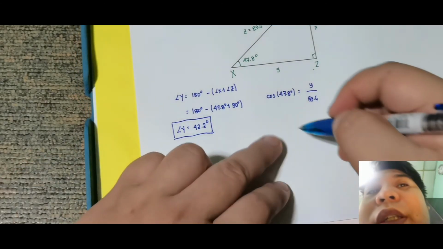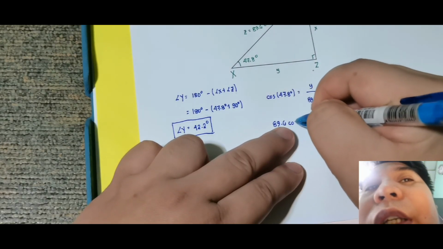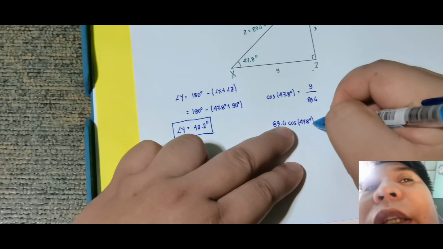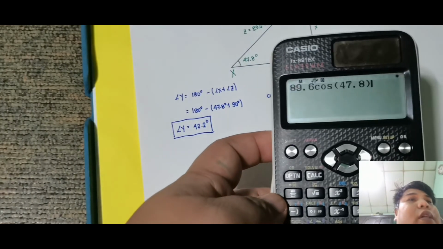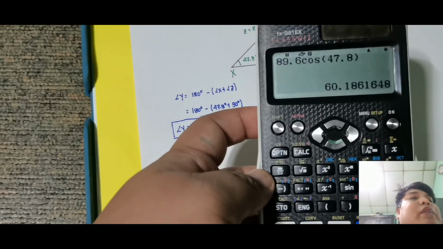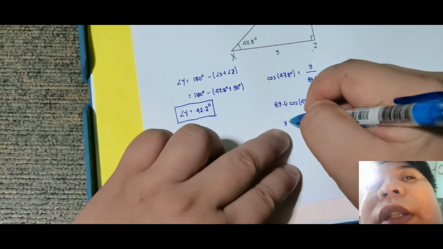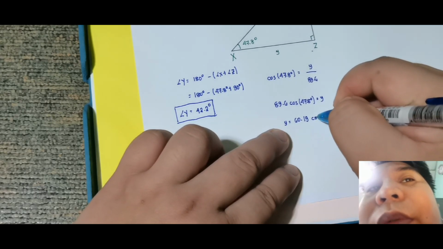Okay, so that is simply 89.6 tapos cosine ng 47.8 degrees which is equal to y. So check natin mag-calculate. That is 89.6 cosine 47.8 degrees. Okay, so check, that is 60.19. So y is equal to 60.19 centimeters.